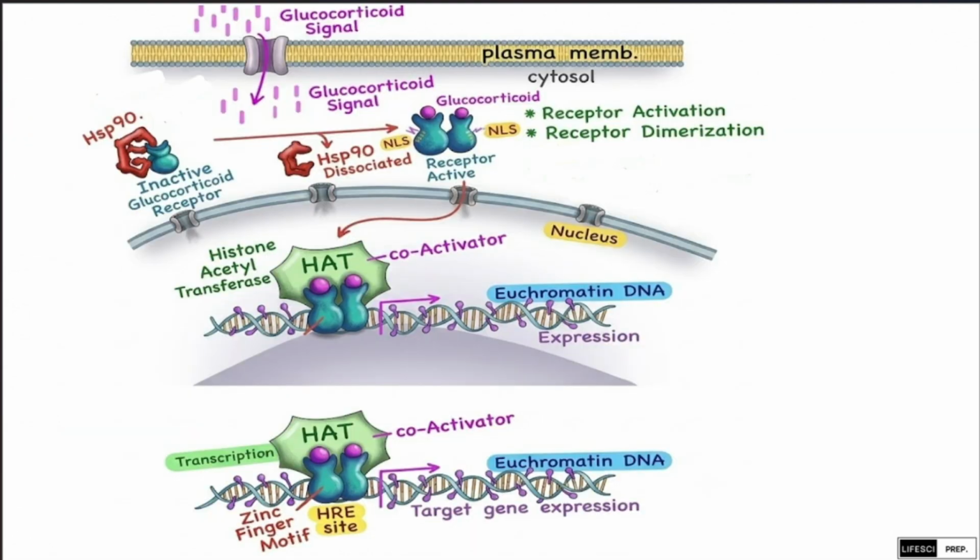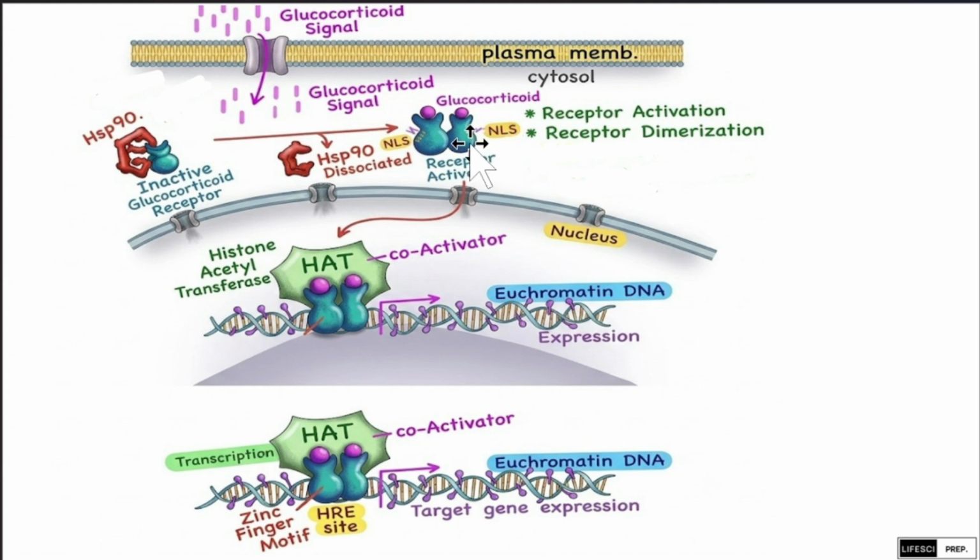So the mechanism here is, when glucocorticoid, one of the nonpolar signals, passes through the plasma membrane and binds to the glucocorticoid receptor, HSP90 is removed and the glucocorticoid receptor dimerizes.